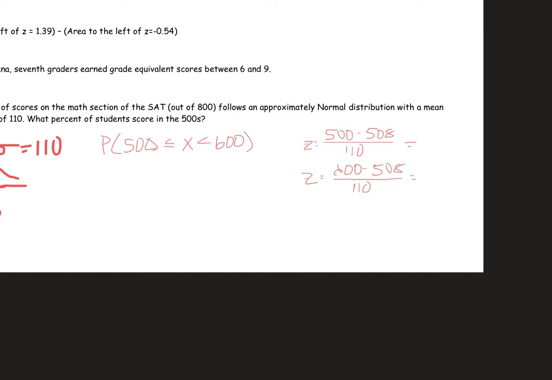And so I think it's important that we have that up to 600. Let's go ahead and calculate these. All right, so I got negative 0.07 and the other value, let's see here, 0.84 as my z-score.